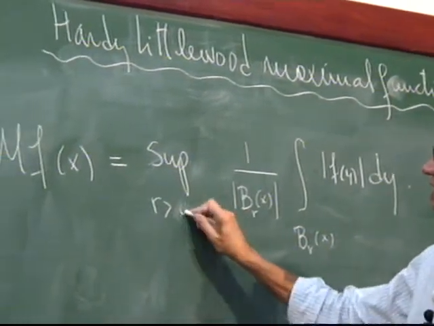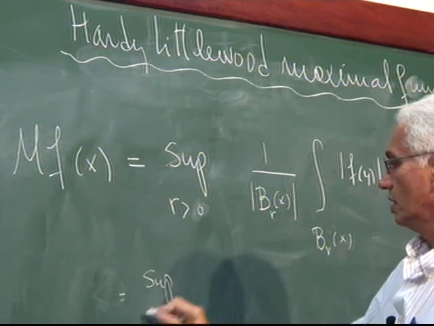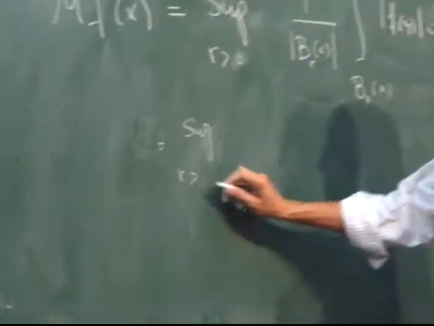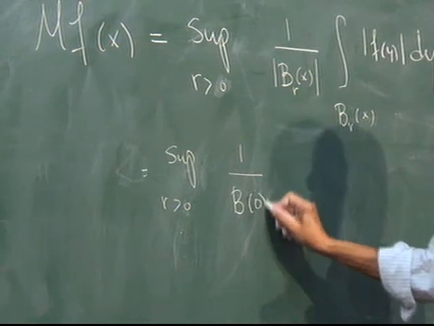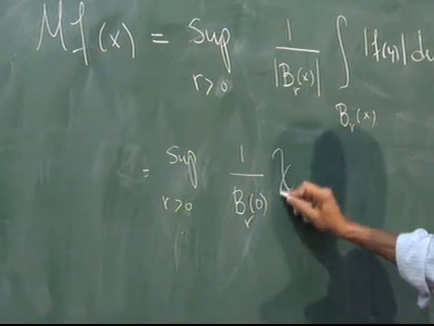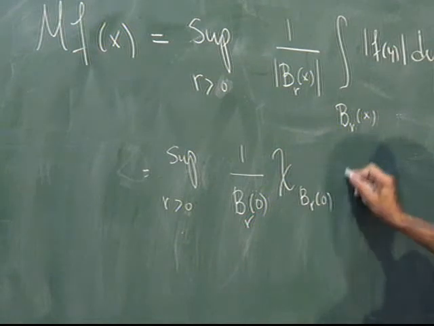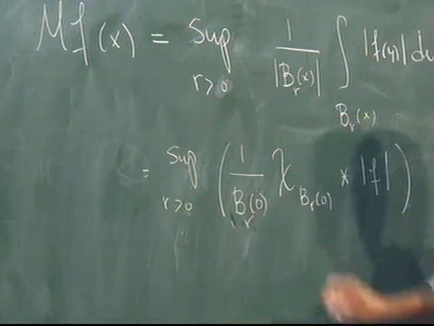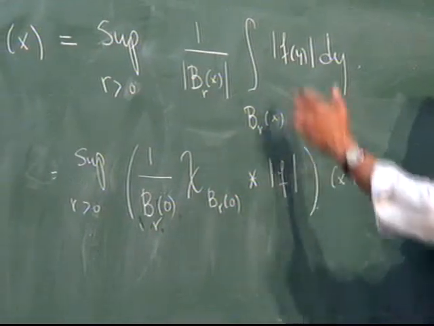Now let's try to understand what you're really doing here. This is the supremum over r of 1 over the measure of the ball of center 0 and radius r, the characteristic function of the ball, convolved with the absolute value of f, evaluated at x. If you write this, you get exactly this.